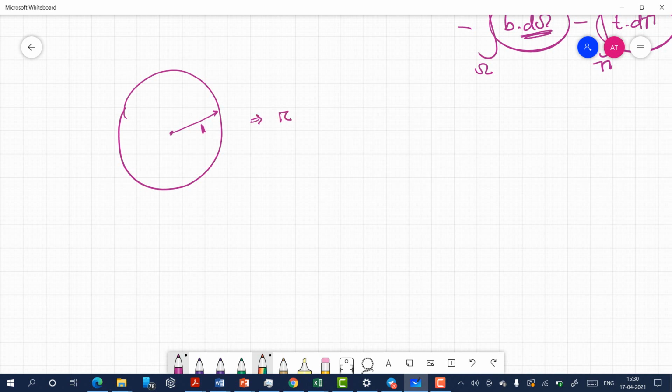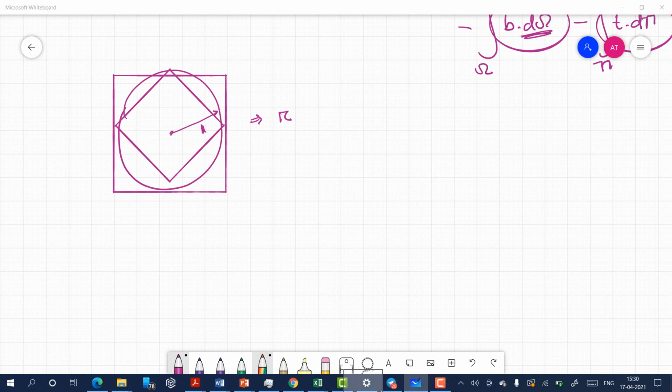And how do you find the value of pi? The first guy made a square which was circumscribing the circle, and then you make a square which is inside the circle, completely fitting inside. So inside the circle and outside the circle.